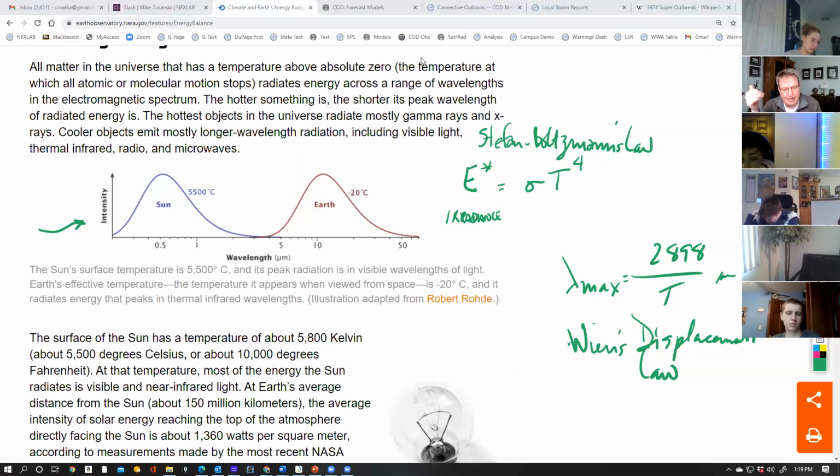Now, what is irradiance? Well, Ryan, you're on a roll. What's irradiance? What is it? Like the amount of radiation per unit of area?